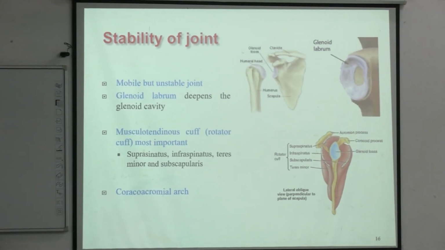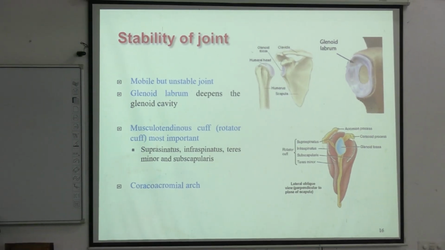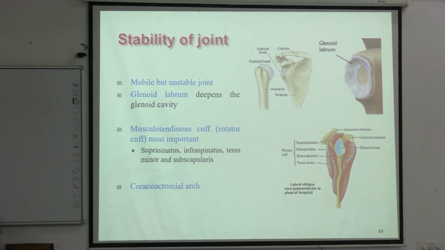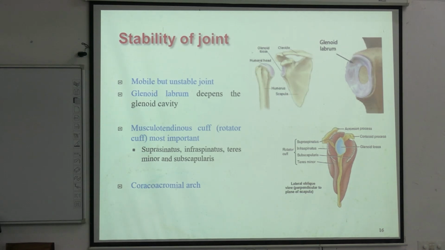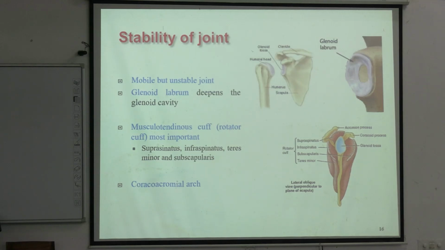So, these four factors are basically holding this joint to give it stability. What are the four factors? The capsular ligament, the surrounding ligaments that we mentioned over here, the rotator cuff, and the fourth factor, the coracoacromial arch.